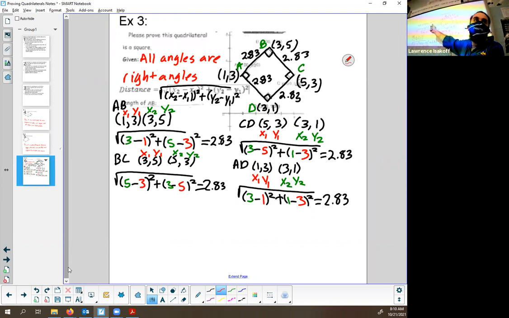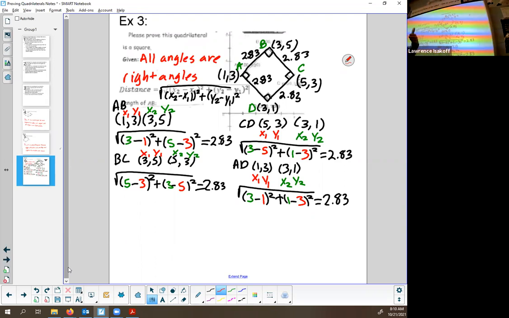What was our given information? What information was given to us here? We have all right angles. What information did we just prove? All the sides are the same length.